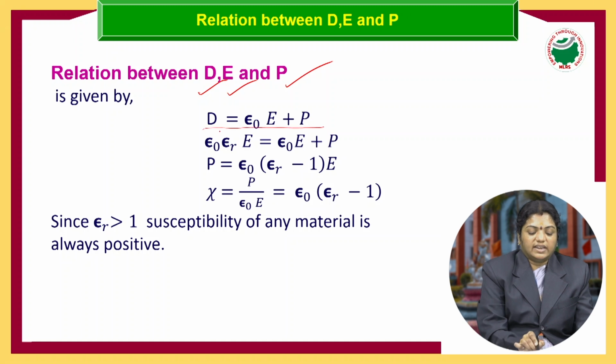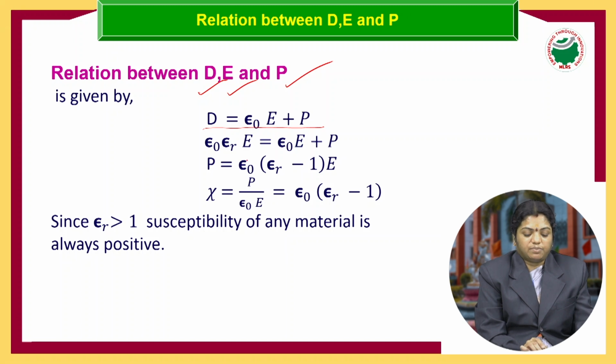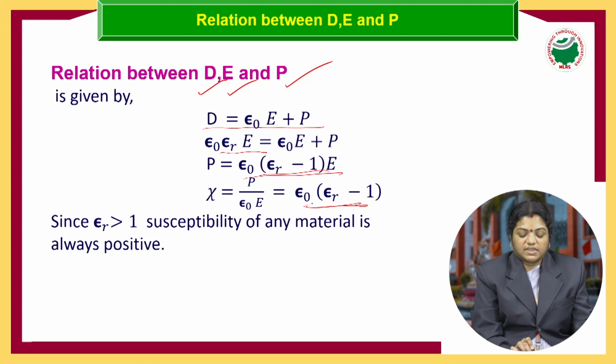The relation is D is equal to epsilon naught E plus P. In the D place we write epsilon naught into epsilon R into E, equal to epsilon naught E plus P. So P is equal to epsilon naught into epsilon R minus 1 into E. What is the susceptibility? Psi is equal to P by epsilon naught into E. Substituting this value, we get epsilon R minus 1.